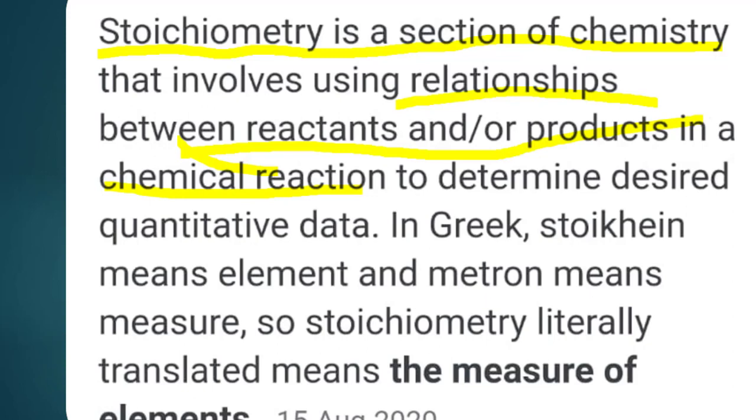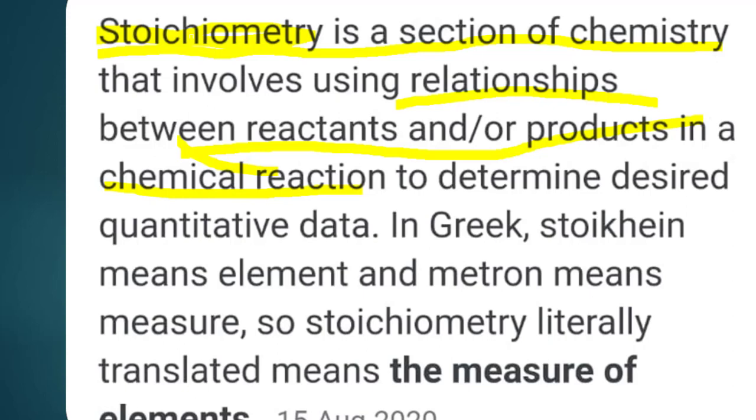So children, please take your notes and give the side heading stoichiometry. Write down this data fully. This is the definition of stoichiometry.